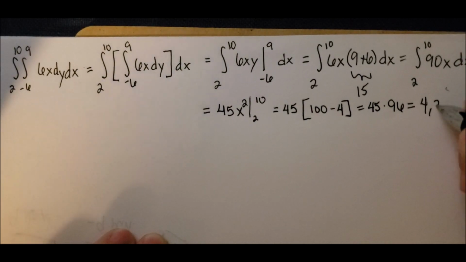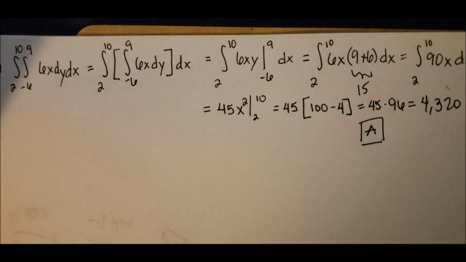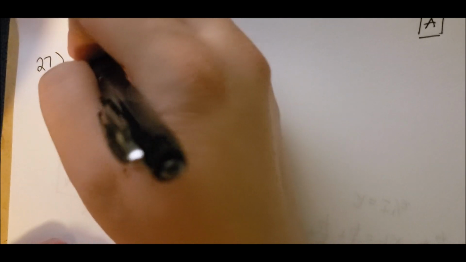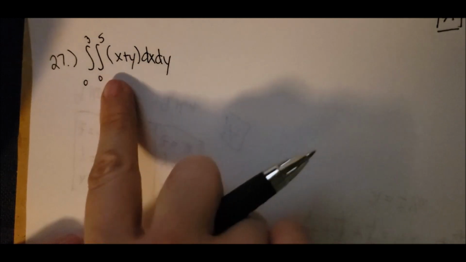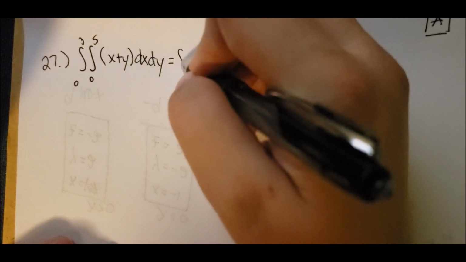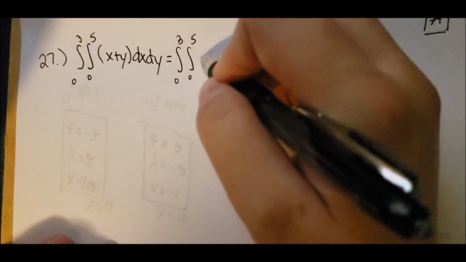And you get 4,320, which is A. And then 27 is the integral from 0 to 3 of the integral from 0 to 5 of x plus y dx dy. So I have a sum in the integrand, so I'm actually going to split it up.